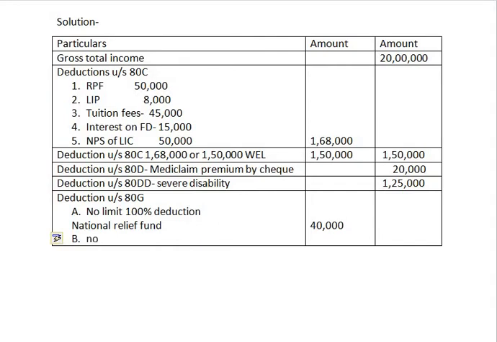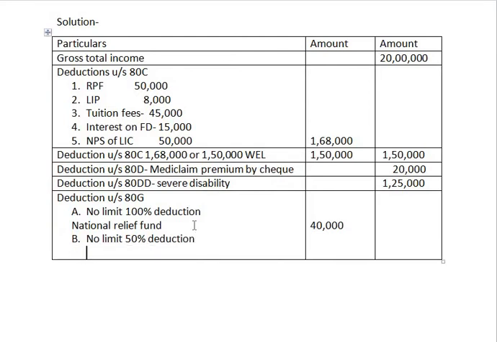Second, no limit, that is B, no limit, 50% deduction. The first point is the Prime Minister's Drought Relief Fund.